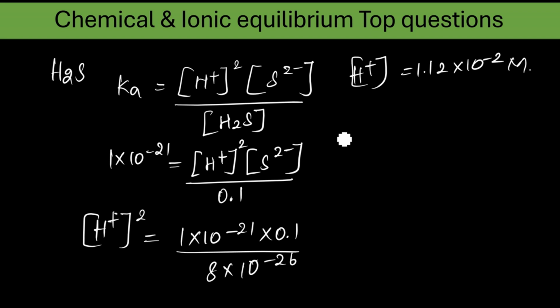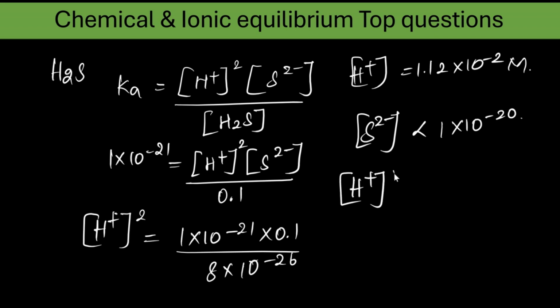Similarly, for Zn not to precipitate, the S2- value must be less than 1 into 10 to the power minus 20, right? In the same equation, I'm going to substitute it for zinc sulfide.